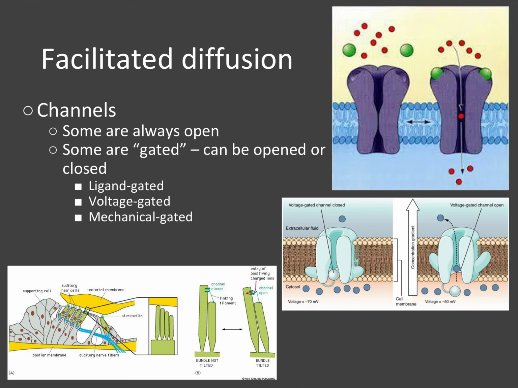One kind of cool thing about these channels or these transport proteins is that sometimes they can be opened or closed. So some of them are always open. So if they're open, it means that the material can cross from one side of the membrane to the other side. But in other cases, they might be opened or closed.